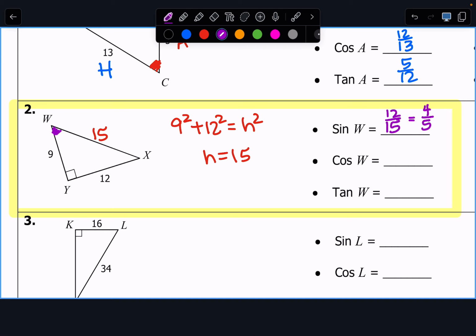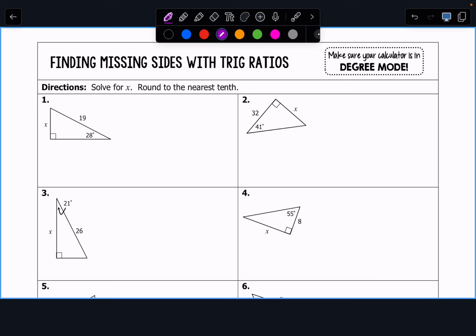All right. So now, here comes the fun part. Here's where we need our calculators. The first thing I need you to do on your calculator, after you turn it on, is see where it needs to say DEG, for degrees. Does it say DEG right here?